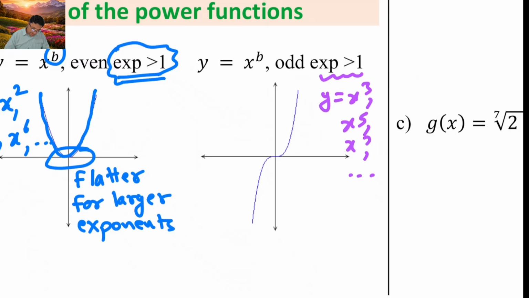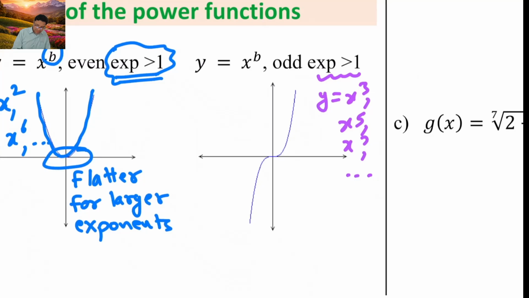And what is the difference now? If your x is raised to an odd power, negative x to the power b will be negative x to the power b. Odd function, right? As a result, you will see that on the negative side, the output is negative. On the positive side, the output is positive.